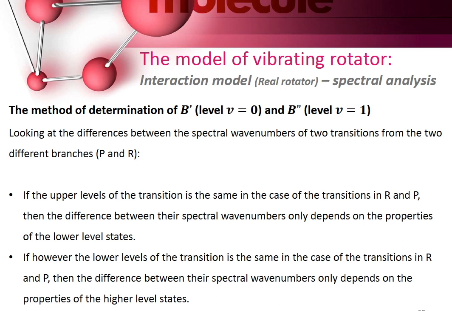But because delta J must be -1 compared to the first case, this level would go to a different value. So if the upper levels of the transition are the same in the case of transition in R and P, then the difference between their spectral wave numbers only depends on the properties of the lower level state, and vice versa. Now this is going to be complicated if you want to read it or hear it like that. Let's see it.